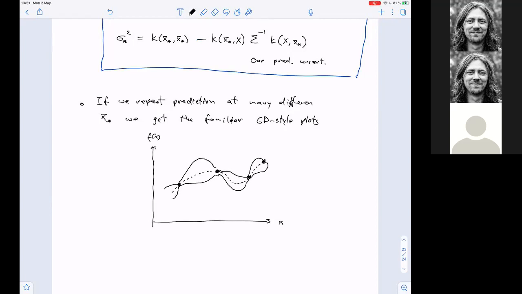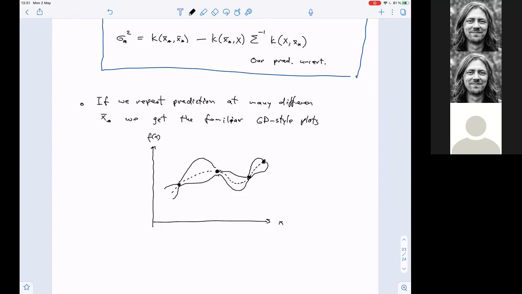A very important point, this is also a source of a lot of confusion. The fact that our prediction for the unknown function values is given in terms of probability distributions does not imply that the function is indeterministic.